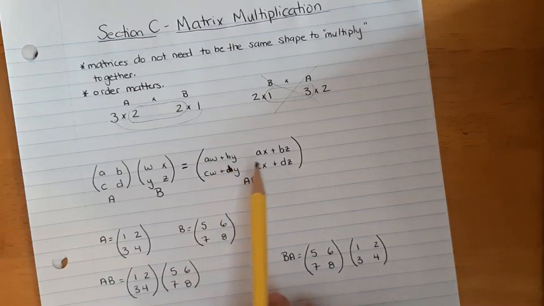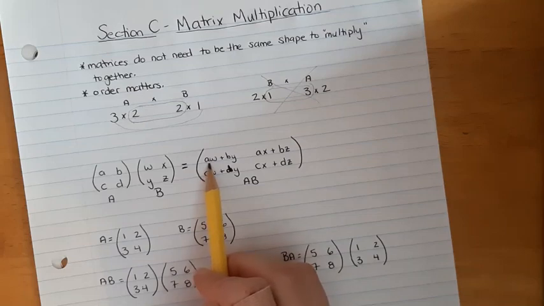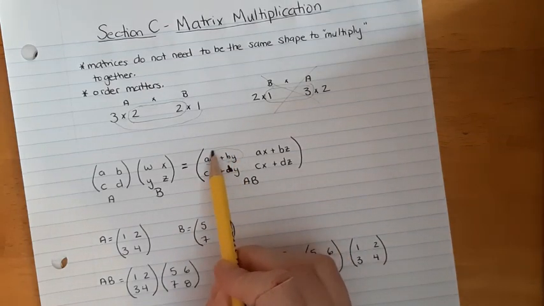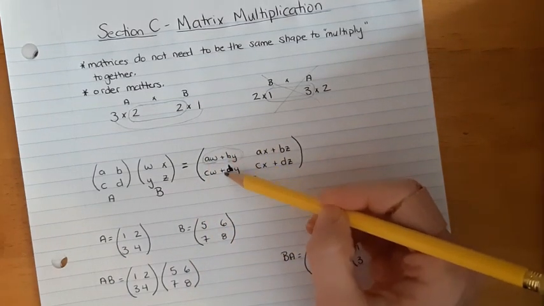So here's the process of how to multiply together two matrices. You're going to see a times w plus b times y. So where does that come from? I want you to think about the position of this value in the matrix. This is in row 1, column 1.